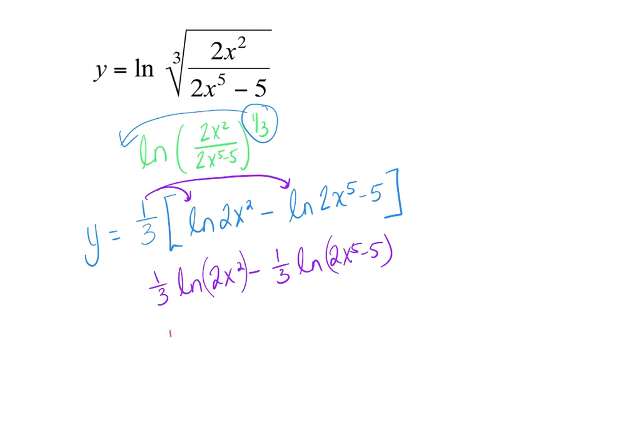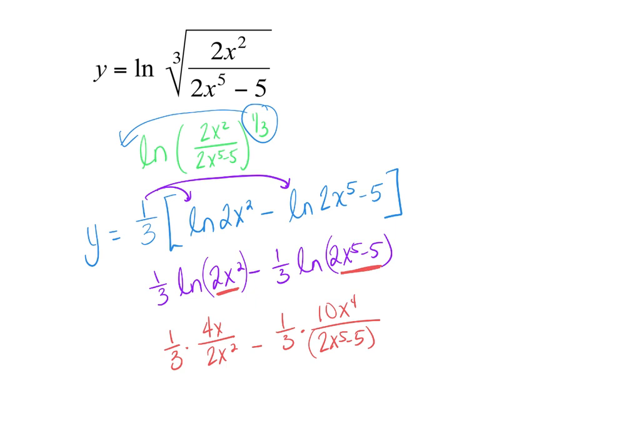So I'm going to say 1/3 times the derivative of this guy is going to be 4x over my original 2x squared, minus 1/3 times the derivative of this, which is 10x to the 4th over 2x to the 5th minus 5. All right. Reduce this and then simplify, and I'm done.